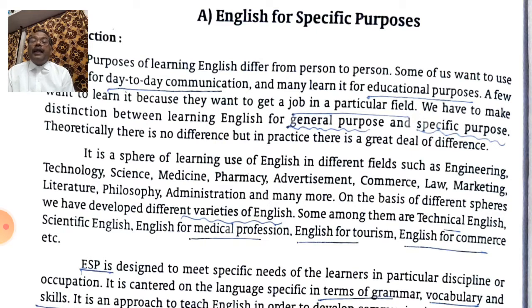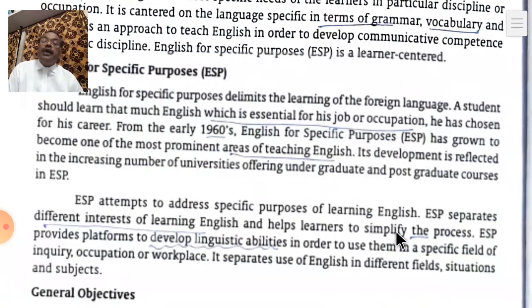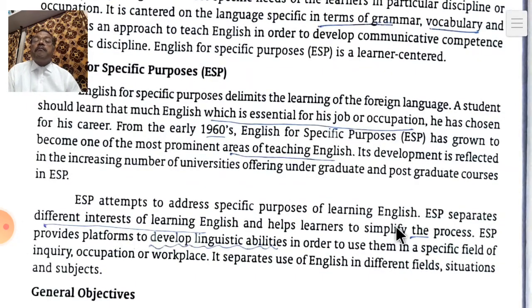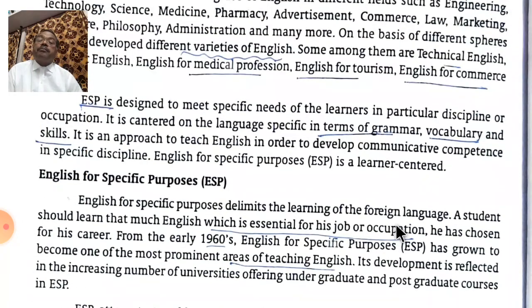They are technical English, scientific English, English for medical profession, English for tourism, English for commerce, English for literature. English for specific purposes is designed to meet specific needs of learners in a particular discipline or occupation.